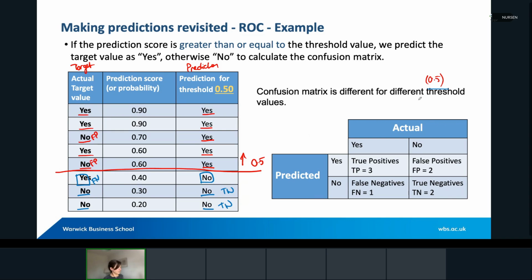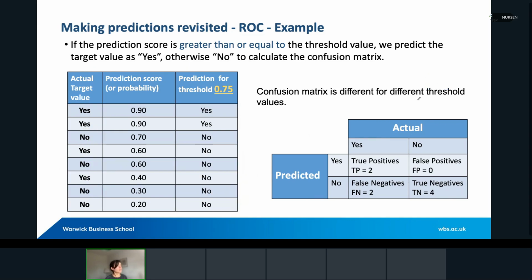So let's see what happens when we have threshold 0.75. So now we have a line just from here. Anything above this line will be predicted as yes, and under the line will be predicted as no, since we ordered the probabilities. So all probabilities here are less than 0.75, and all probabilities here are greater than 0.75.